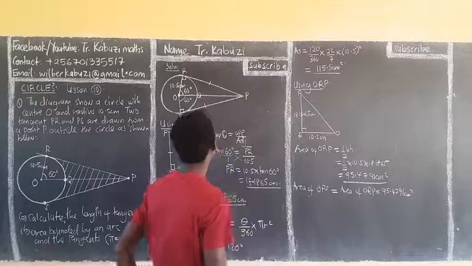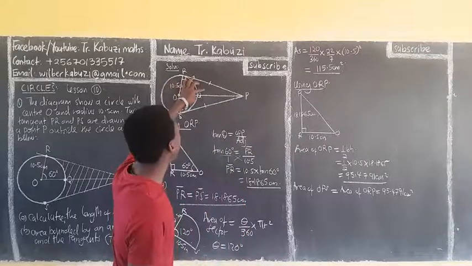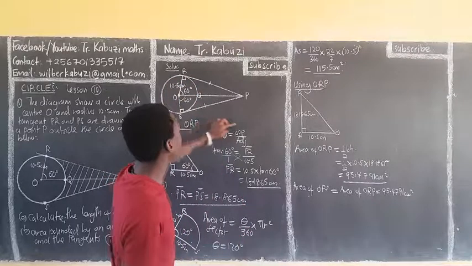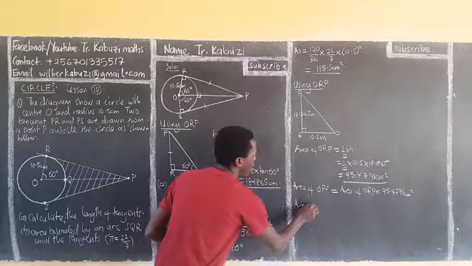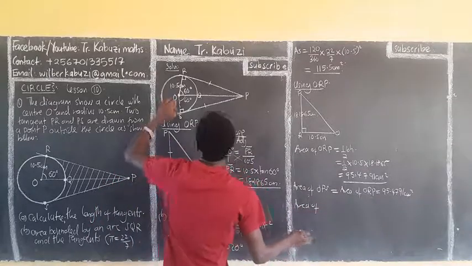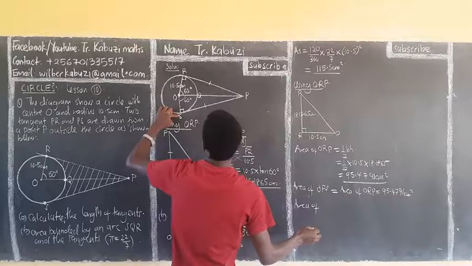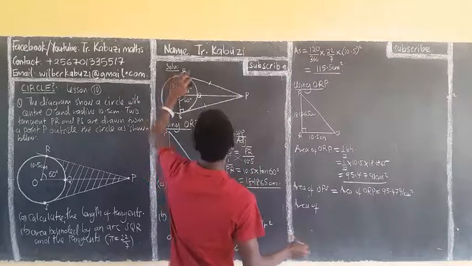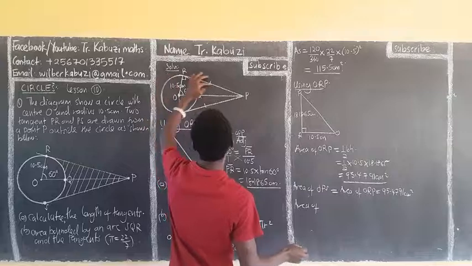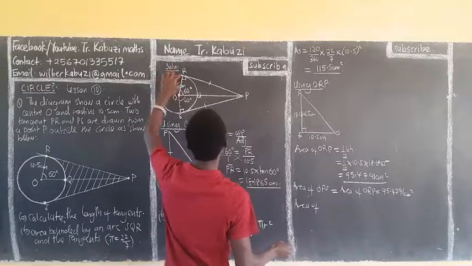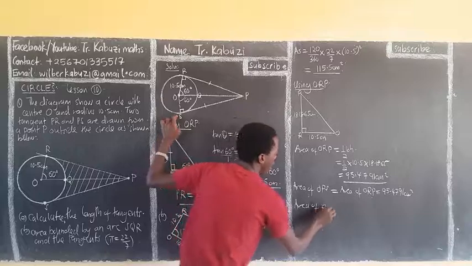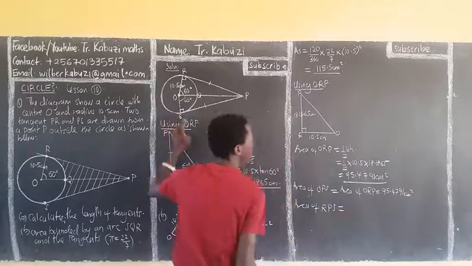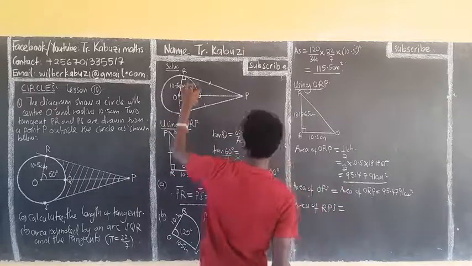So meaning that now, if we are to get the area, we are going to get the area of this part. We shall be getting the area of the triangles. So the area of the whole of this figure, ORPS, is going to be this area plus this area.